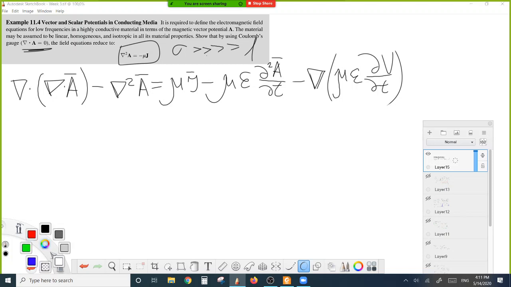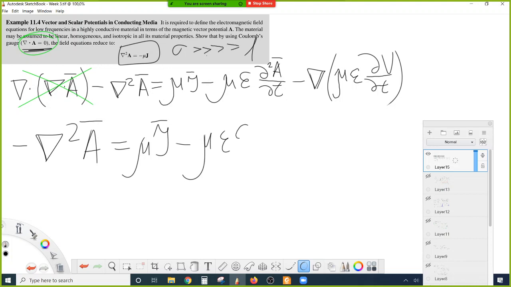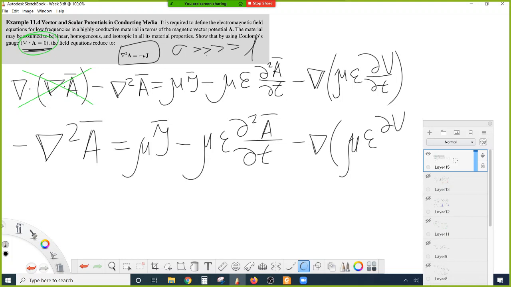In other words, we are given Coulomb's gauge, which says that divergence of the magnetic vector potential is 0, so it means that this term eliminates, and what remains is minus Laplacian of A equals mu J minus mu epsilon d squared A over dt squared minus the gradient of mu epsilon dV over dt.